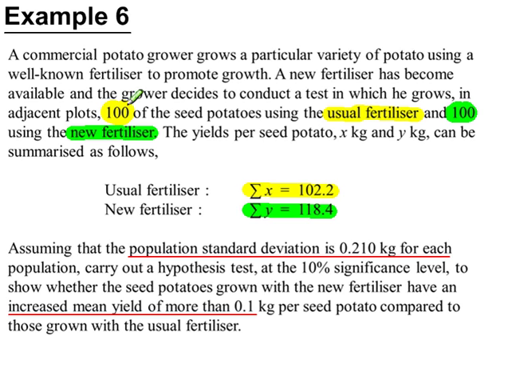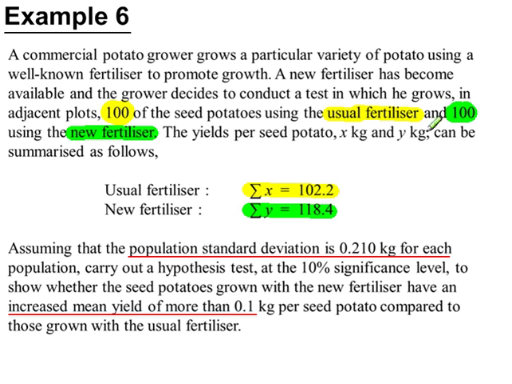Example 6. We have two samples. Sample size 100, and a sample size of 100 for the second sample. The populations both have the same standard deviation, so we need to square this.